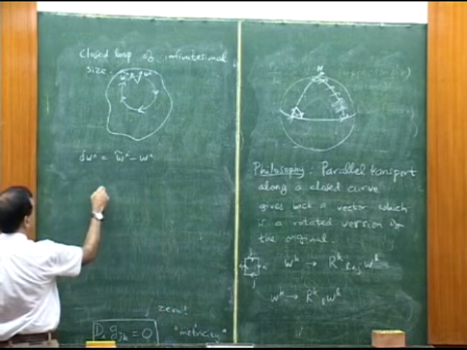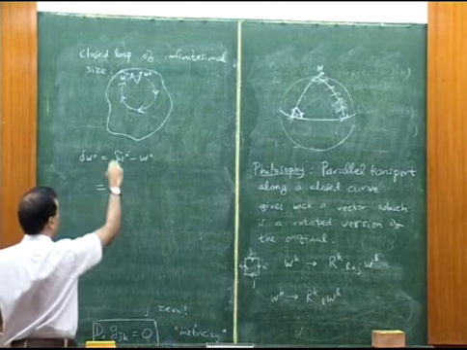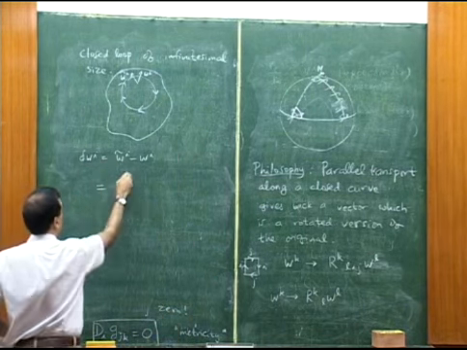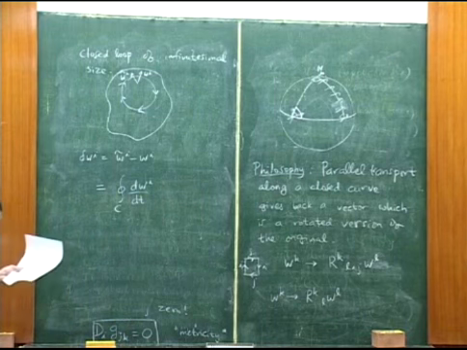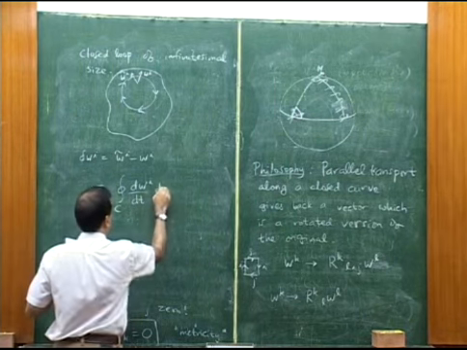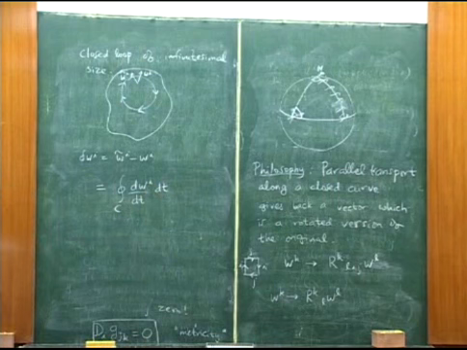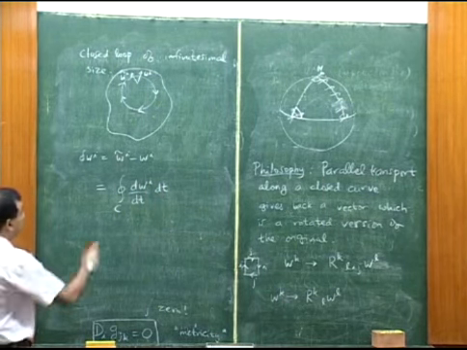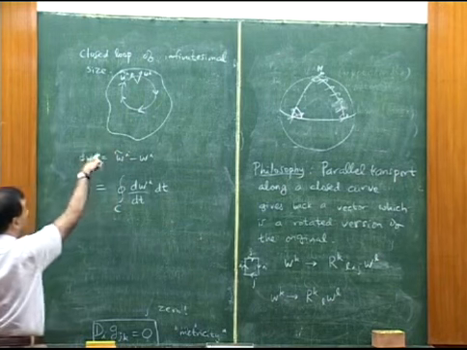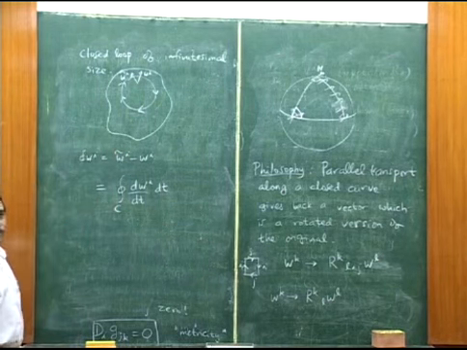Good. So this, for a loop, can be written as the contour integral of dW^i by dt over the loop times dt. Now we are transporting it around this loop by parallel transport.